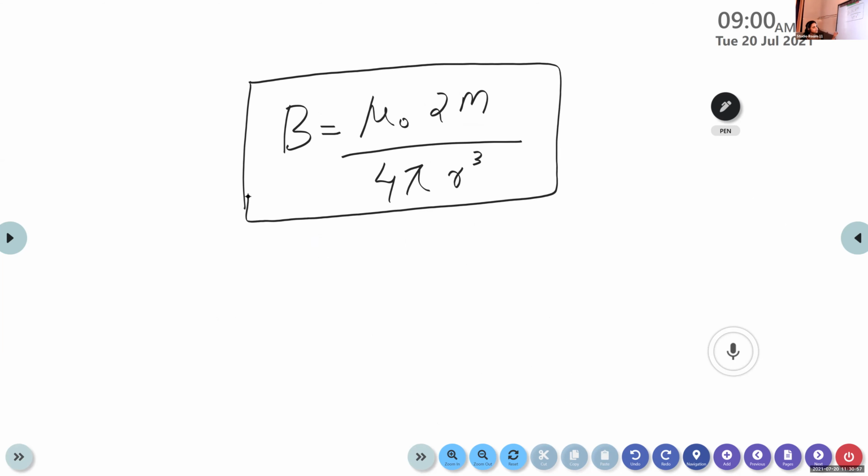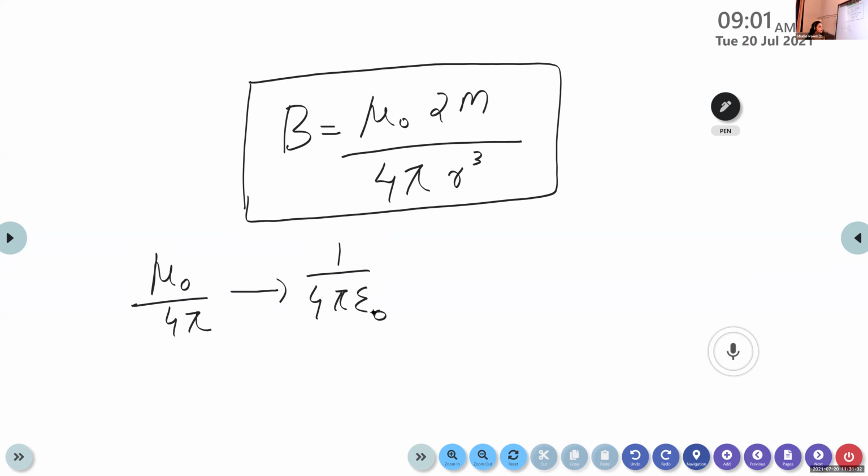Now we can compare this equation with that of the electric field in electrostatics. For that we need to make some changes. Instead of this mu 0 by 4 pi, in electrostatics we have 1 by 4 pi epsilon 0. In electrostatics, we derived the electric field produced at a point P along the axis of the electric dipole.